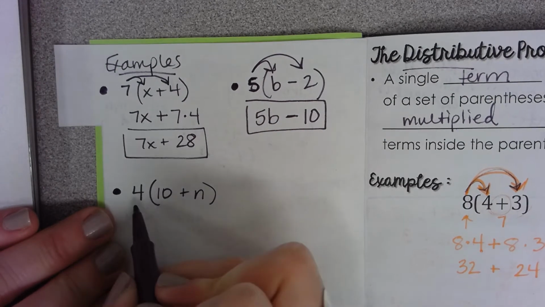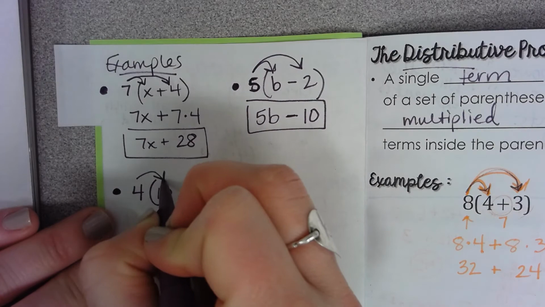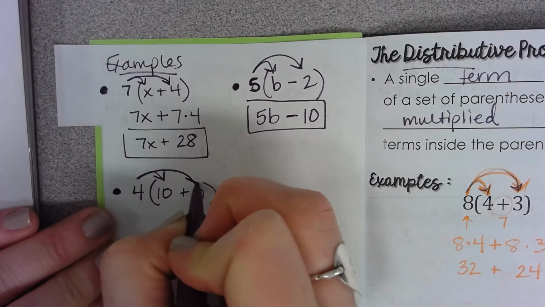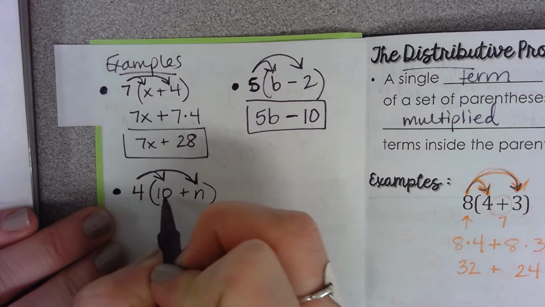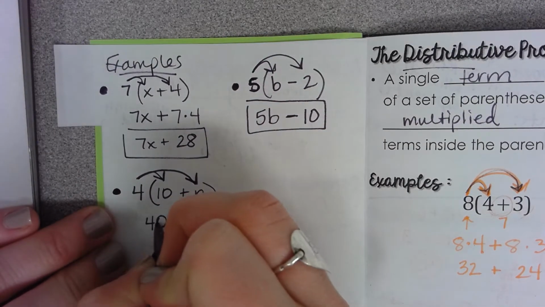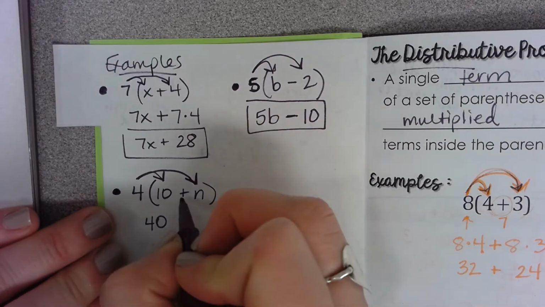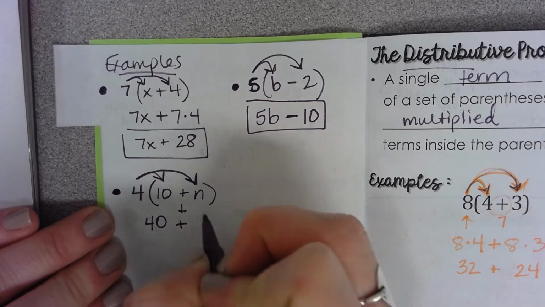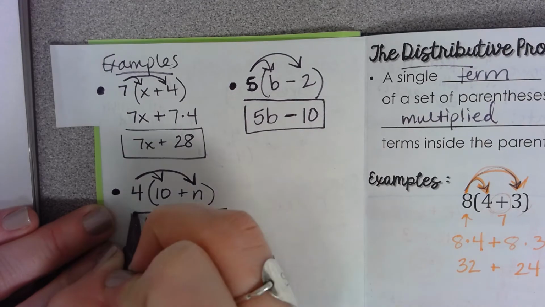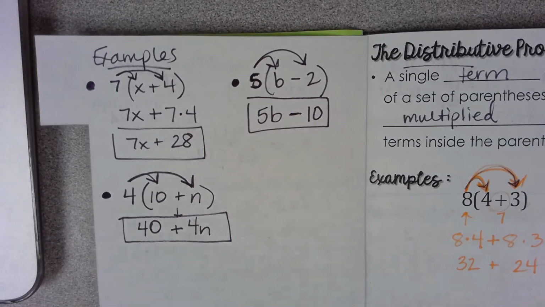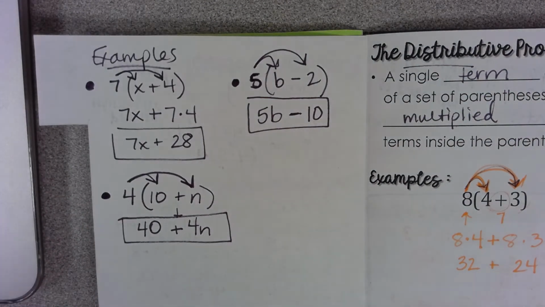So I'm going to use this term on the outside, and I'm going to distribute it evenly to both on the inside, and when I distribute, that means I'm multiplying them together. So now when I multiply 4 times 10, simplifying that expression, I get 40. My sign transfers down, plus, and then 4 times n. I don't know what n is, so I can't simplify that any more than 4n. So my expression using the distributive property for that would be 40 plus 4n.